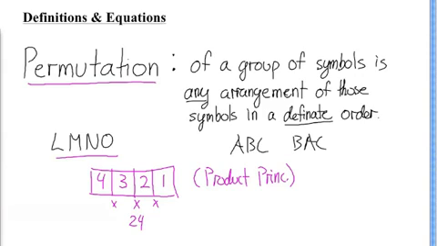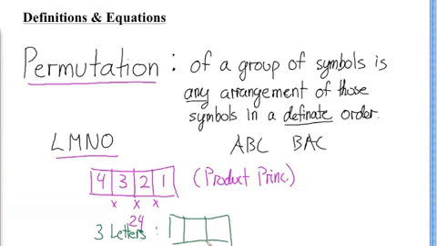Now, what if I only wanted to take 3 of the letters at a time? So, in other words, I can use L, M, N, or O, but instead of taking all 4 letters, this time I'm going to take 3. Well, instead of using 4 boxes, now I'm going to use 3 boxes.